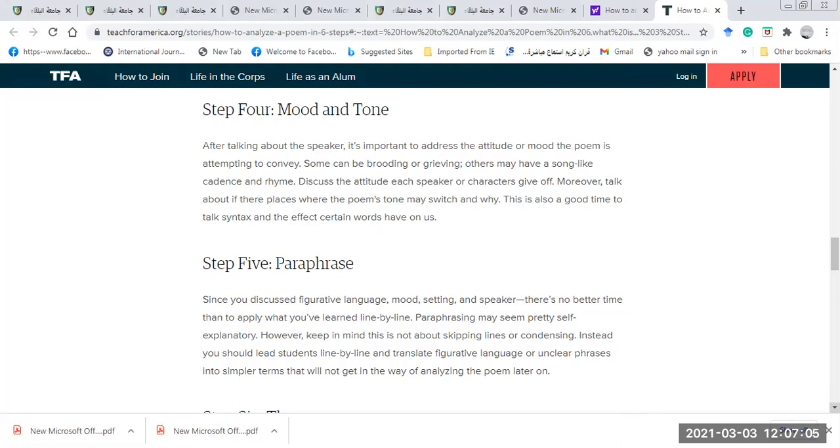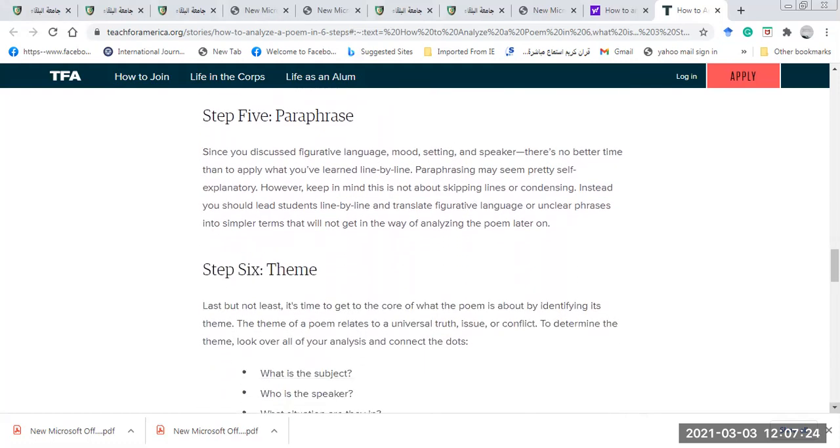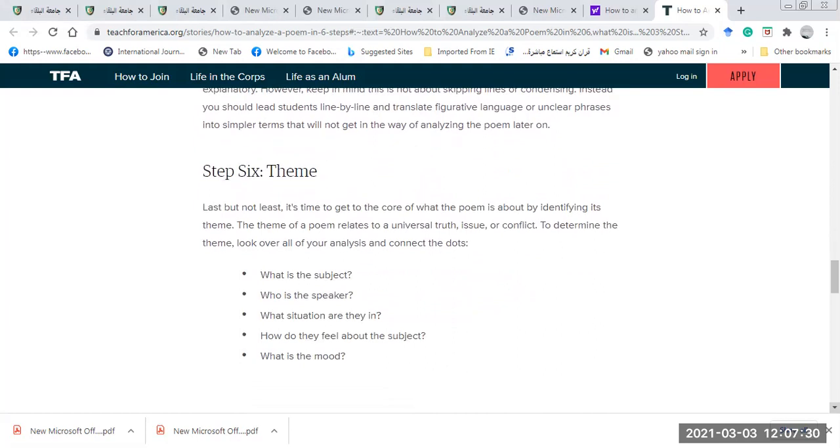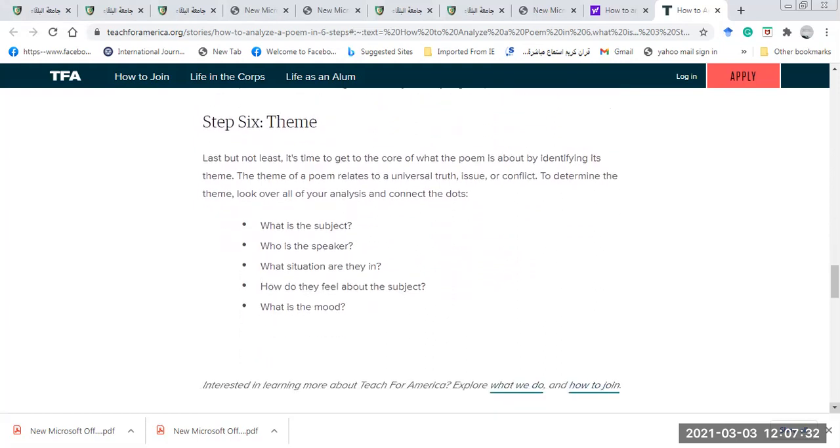Sometimes if there are unclear words, you can skip them, or you can choose simpler words that express the same meaning. It's not necessary to explain word by word. You explain the major themes, the major things that the poet speaks about, and focus on the tone that the poem had.